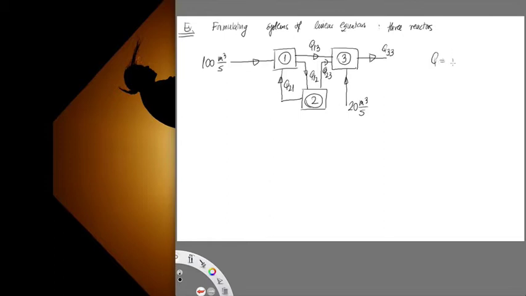So Q is volumetric flux in meter cube per second, so I have volume per time.